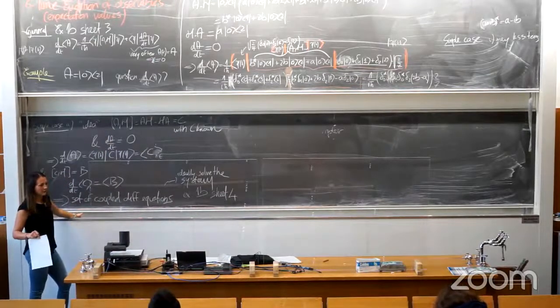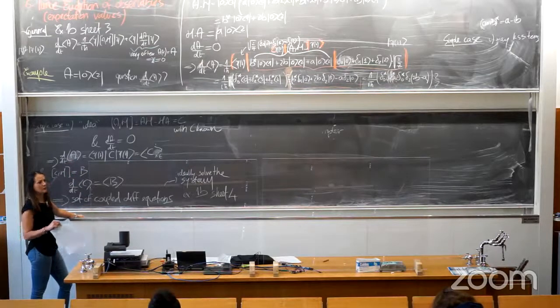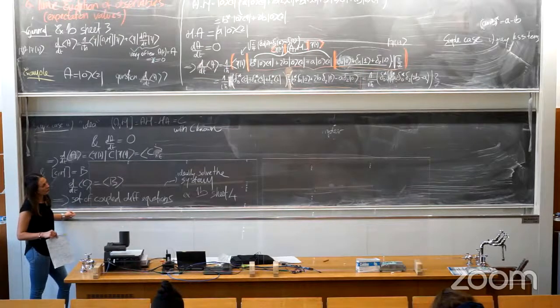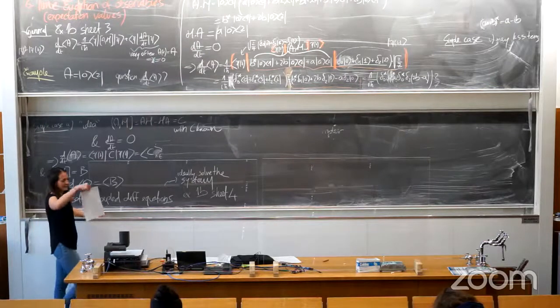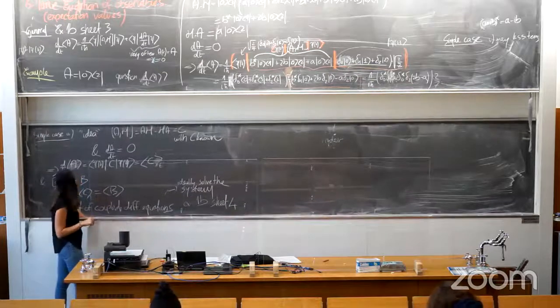Of course, only for the expectation value of some operators. We didn't solve the whole system. This tells you how the expectation value changes. If we solve it, then we know how the expectation value evolves in time, but we don't know how the system evolves in time. But in most of the cases, it's actually more than enough. Great. Any question?